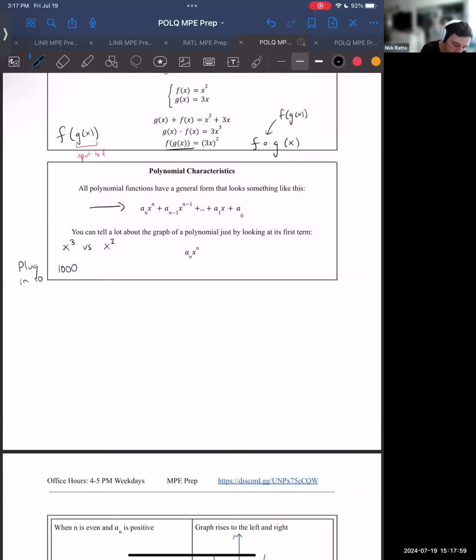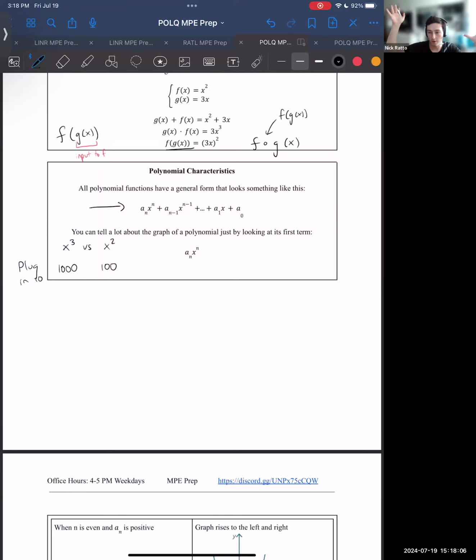This is 1,000. This is only 100. So the larger term is going to impact what the size of the function is way more than the smaller term. So it's for this reason that the leading term usually determines what a graph looks like more than any of the other terms do. Okay.